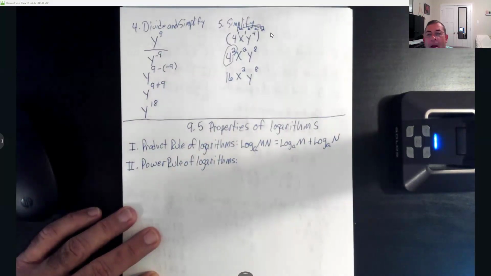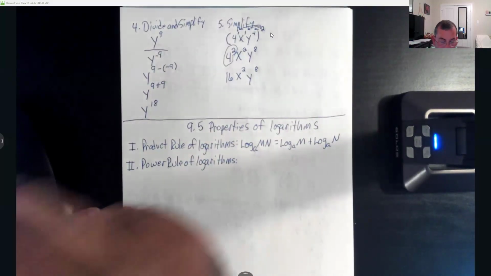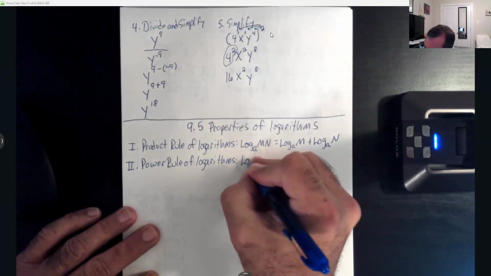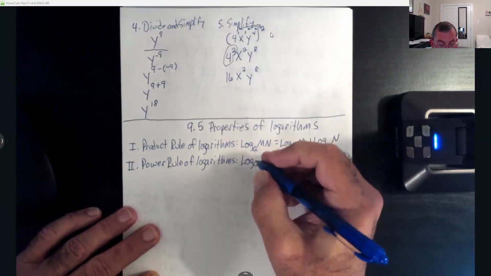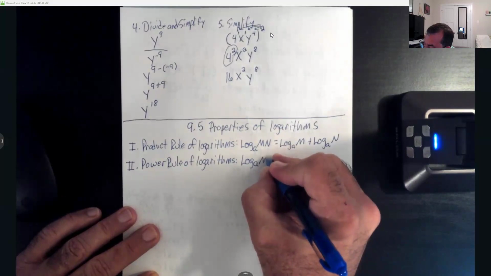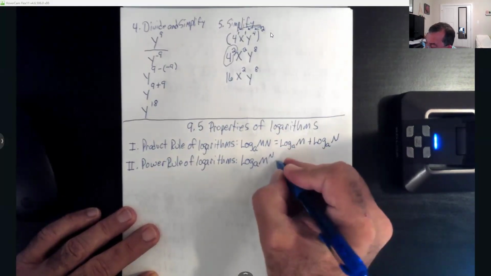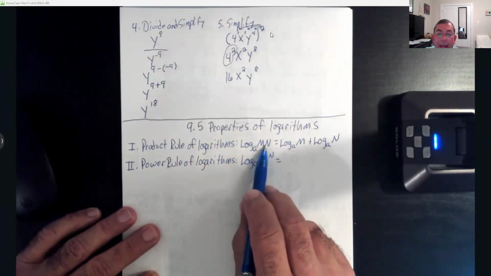So this is when you got a log raised to an exponent. So if I got the log A of M to the N, notice it's not being multiplied like this one.